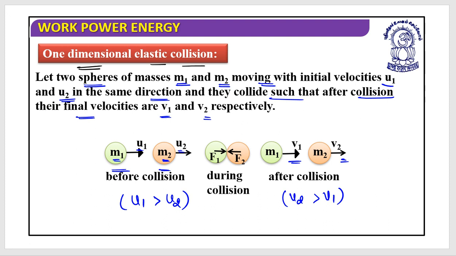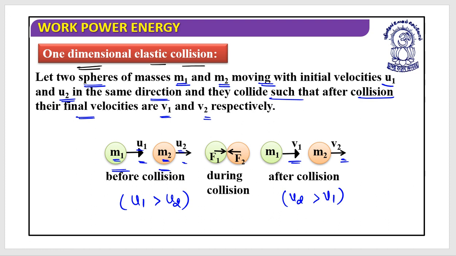Let me know why u1 should be greater than u2, and why v2 should be greater than v1. u1 should be greater than u2 because this is the only possibility when they are going to collide. If the reverse is true, that means if u2 is greater than u1, then they are not going to collide anywhere. Think. Am I clear?